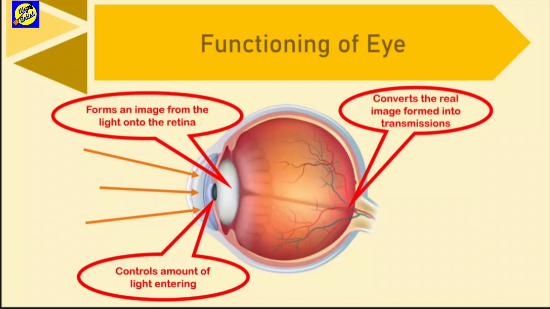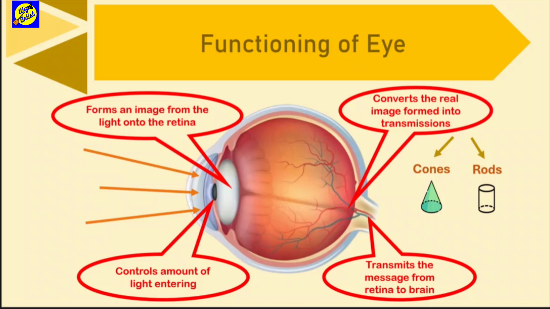These images are detected by two light sensitive cells, cones and rods. Cones are receptors responsible for bright, colorful light, especially during the daytime, and rods are responsible for dim, black, white, grayscale light, especially during the night time. Then we have the optic nerve, which transmits this message from the retina to the brain for further interpretation.